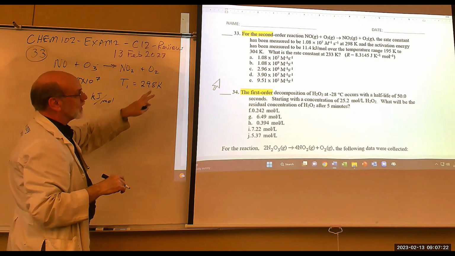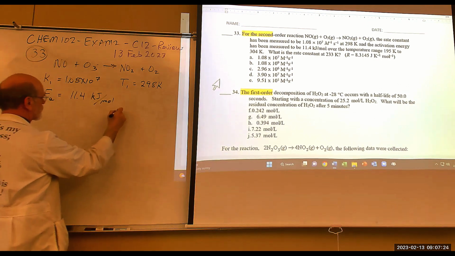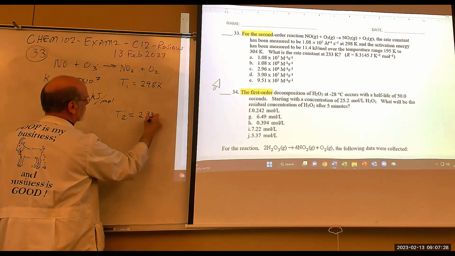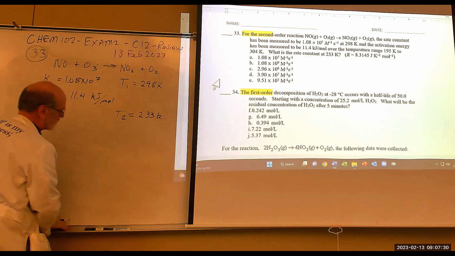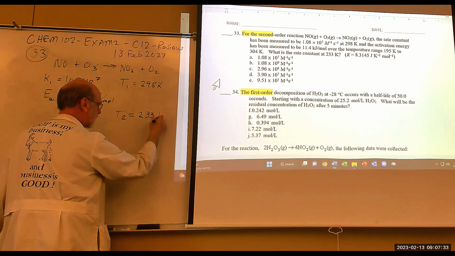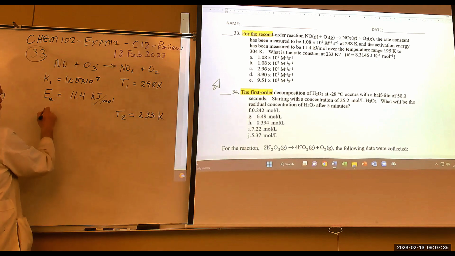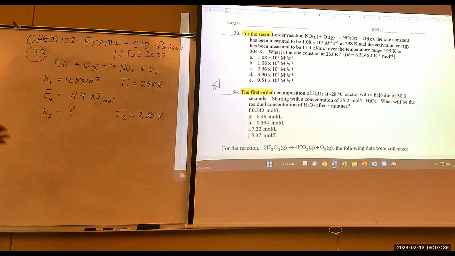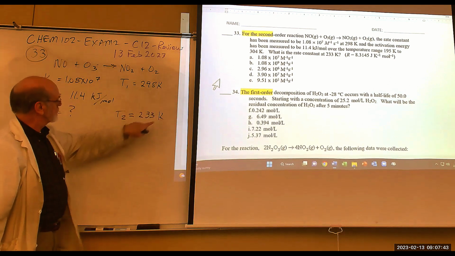And what is the rate constant at 233? So we've got T2 is 233. Oops, wrong k. And we want to know what this one is. Okay. Temperatures are right, they're in Ks.